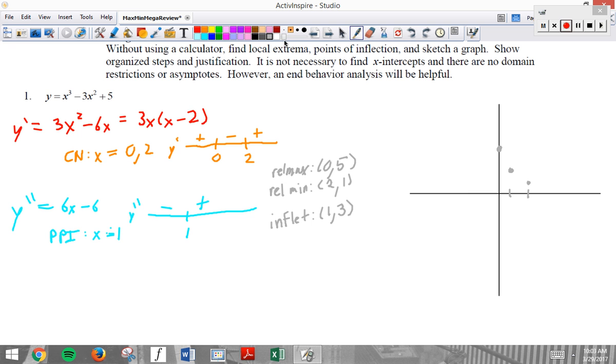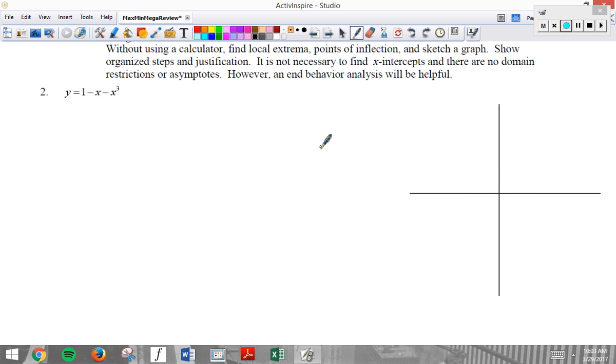I wanted black, I'm sorry. Concave down, inflection, concave up. And end behavior analysis might be helpful. x cubed should have one end pointing up, one end pointing down. Check, check, done.